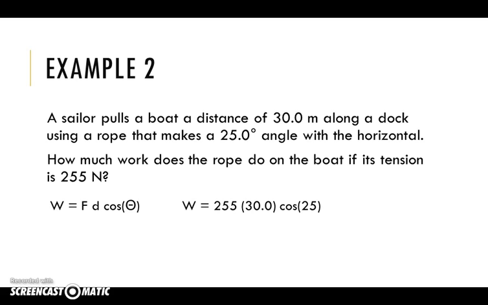How much work does the rope do on the boat if its tension is 255 newtons? So 255, that's our force, 30, that's our distance or displacement, and our angle in this case is 25. When you plug all three of those in, you should get roughly 6,933.25 joules.